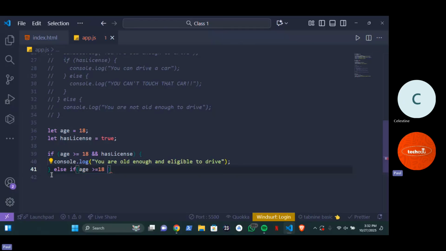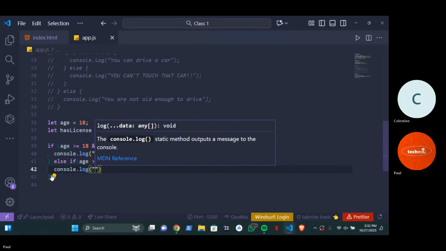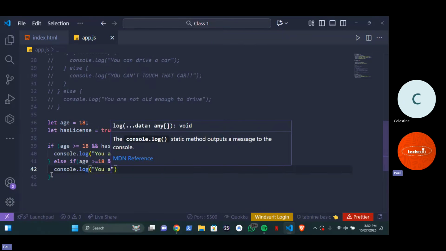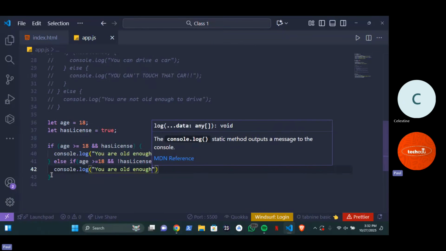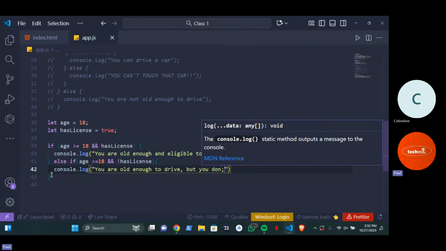Let me just show you. So if it's greater than 18 and does not have a license, I can create this and say console.log, you are old enough to drive, but you don't have a license.